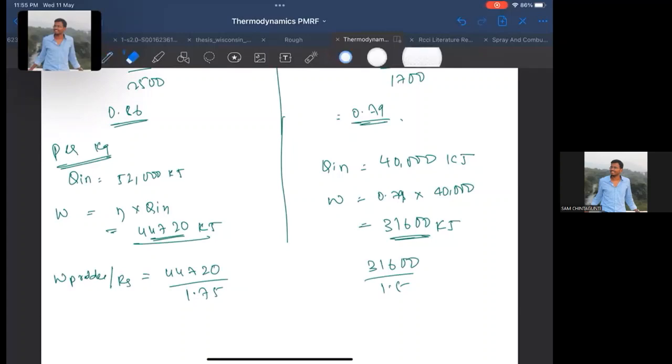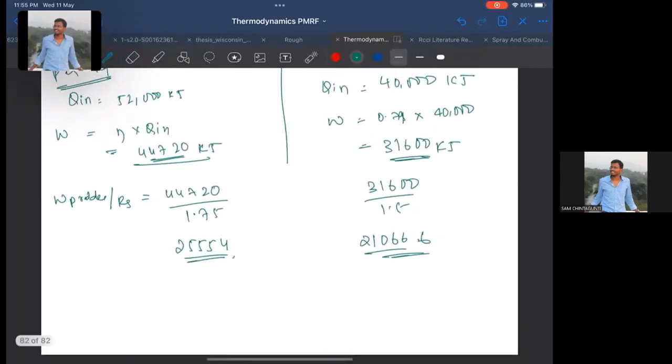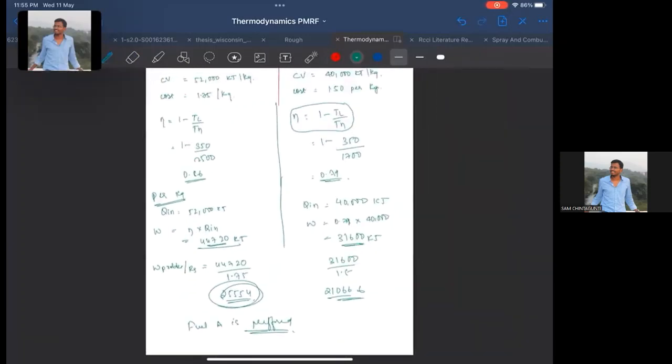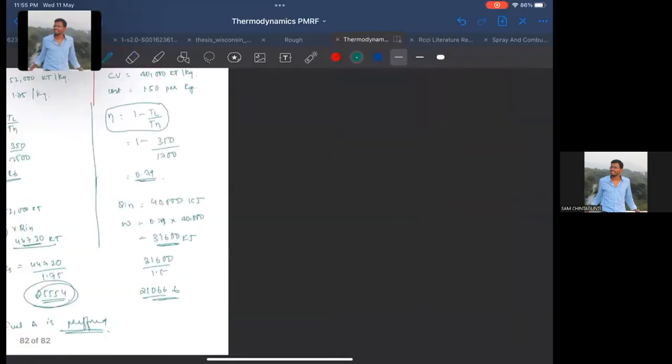It is equal to 25,554 here, and here it is 21,066.6. So for 1 rupee, we are getting more amount of work in the A case. So fuel A is the better choice. All right.